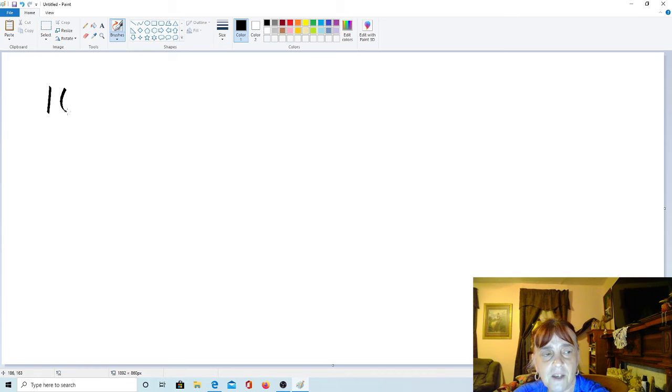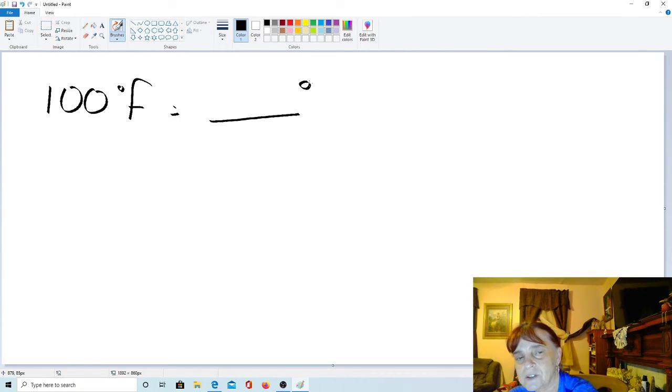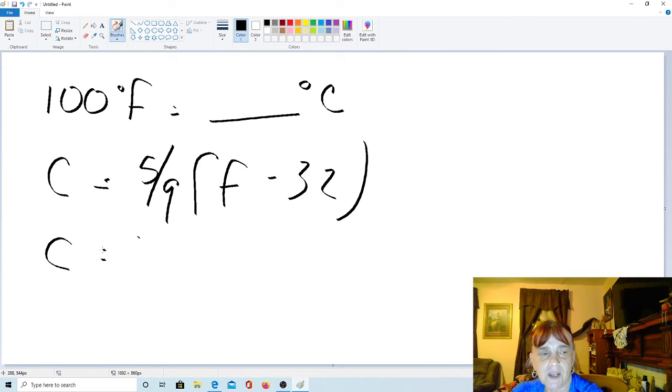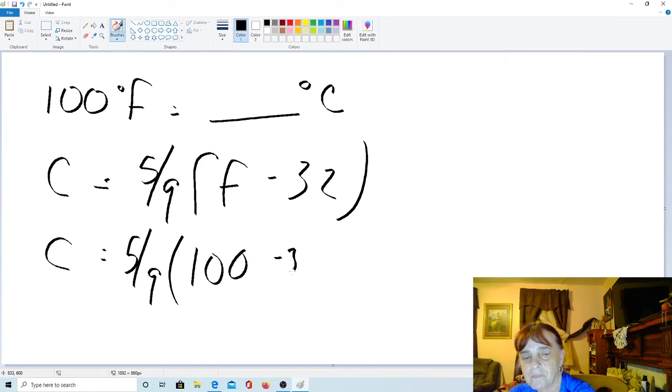Okay, now let's say 100 degrees Fahrenheit is how many degrees Celsius? So we know Celsius is 5/9 open parenthesis F minus 32. And so replace F with 100. 100 minus 30 is 70, and 2 more take away will be 68.